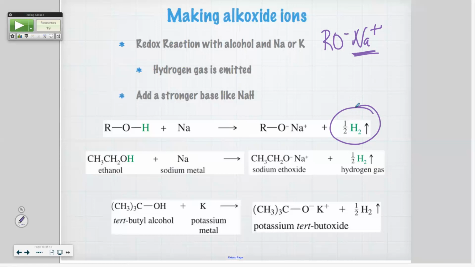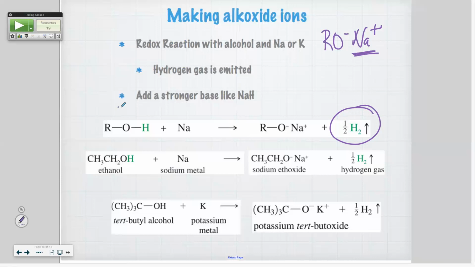Doesn't matter what your R group is, you get the same thing. And it doesn't matter if you use potassium, you just get a potassium salt instead of the sodium salt. Typically what you would do is you make these and then you use them in your reactions. You would make it in your little round bottom flask and then throw the next thing in.